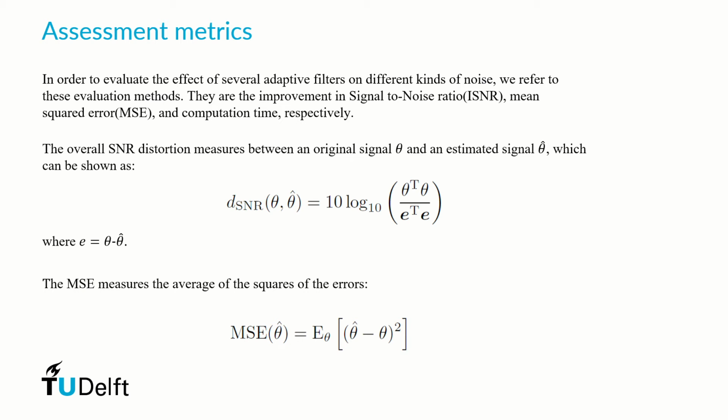The overall SNR distortion measures between an original signal theta and an estimated signal theta, which can be shown on the slide. Where is the difference between the theta and the estimated theta, and the ISNR is just the improvement in the signal to noise ratio after filtering, and the MSE measures the average of the squares of the errors.